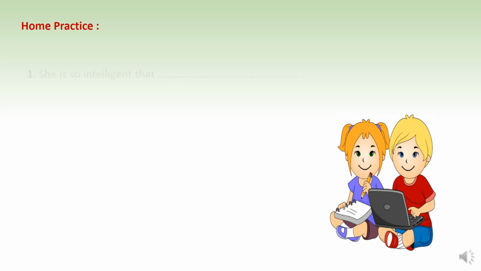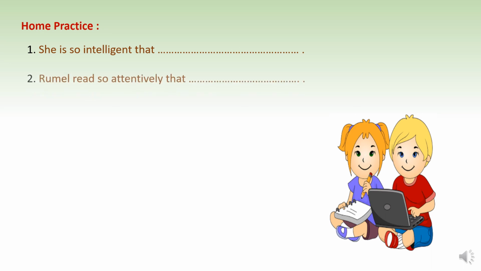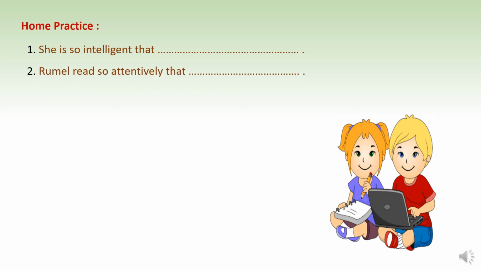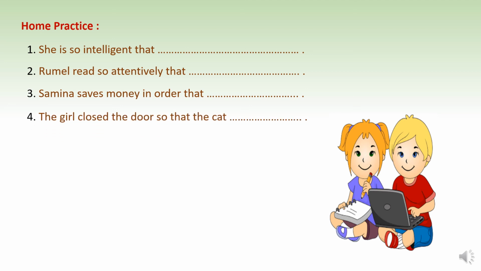Number 1, she is so intelligent that. Number 2, Rumel read so attentively that. Number 3, Samina saves money in order that. Number 4, the girl closed the door so that the cat. Number 5, he is so expert in math that.